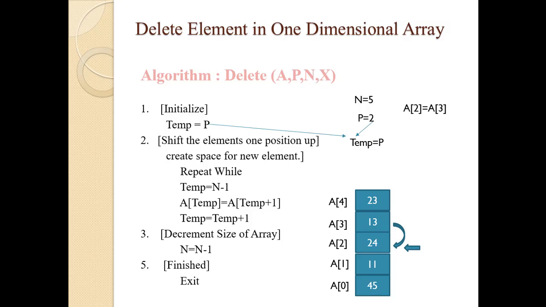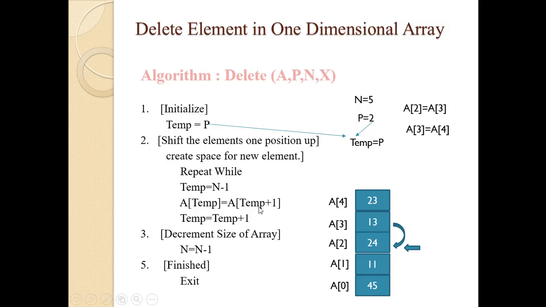After that, temp is temp plus 1. What is the value of temp? That is 2, so 2 becomes 3. So now array of 3 is equal to array of 4. Here temp is equal to temp plus 1, so 2 becomes 3, and array of 3 is equal to array of temp plus 1.